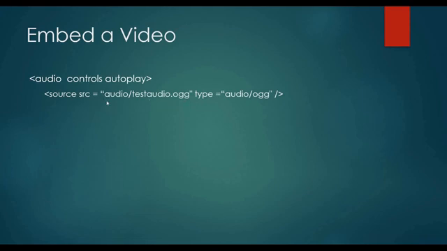Here we have linked our source, and here we have mentioned the type also, audio. So type is OGG. For video also we can mention type equal to video/MPEG4. We can mention like that. So we have added another source.